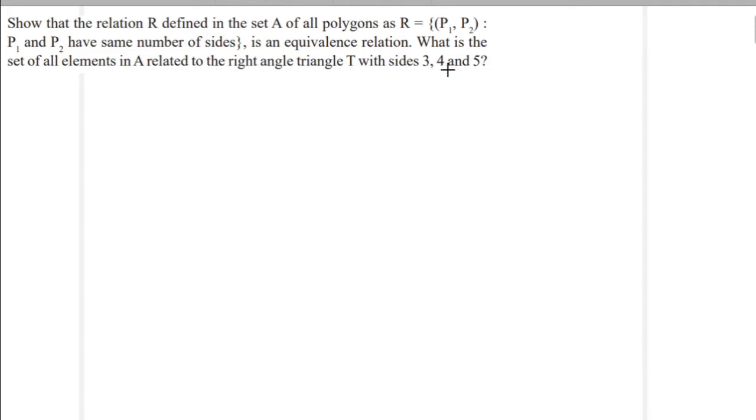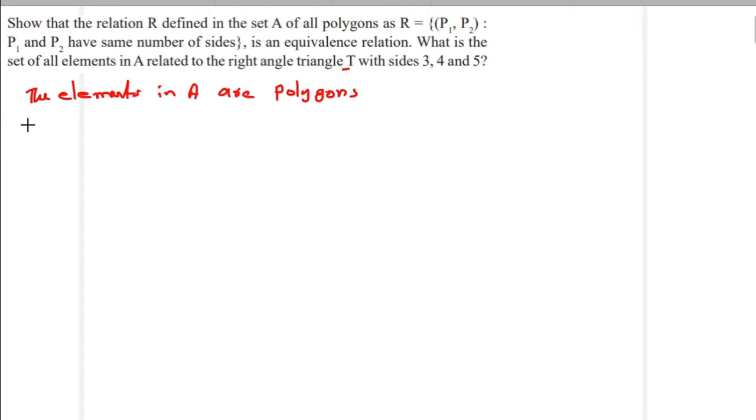Okay, next part: what is the set of all elements in A related to the right angle triangle T with sides 3, 4 and 5? The elements in set A are polygons. Then what is T?